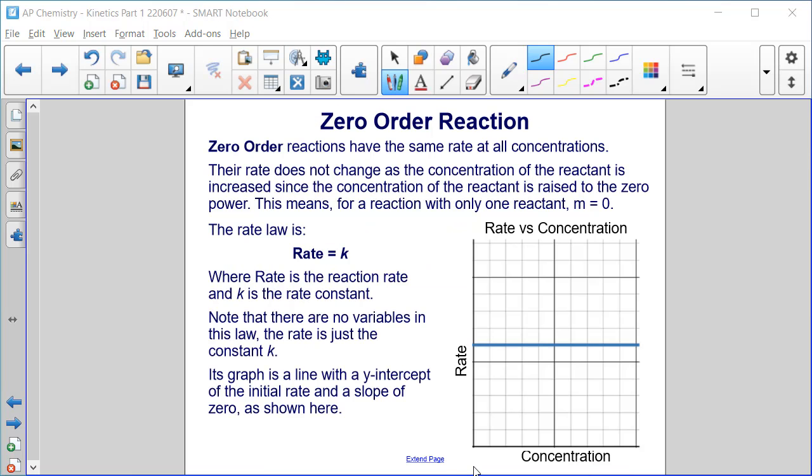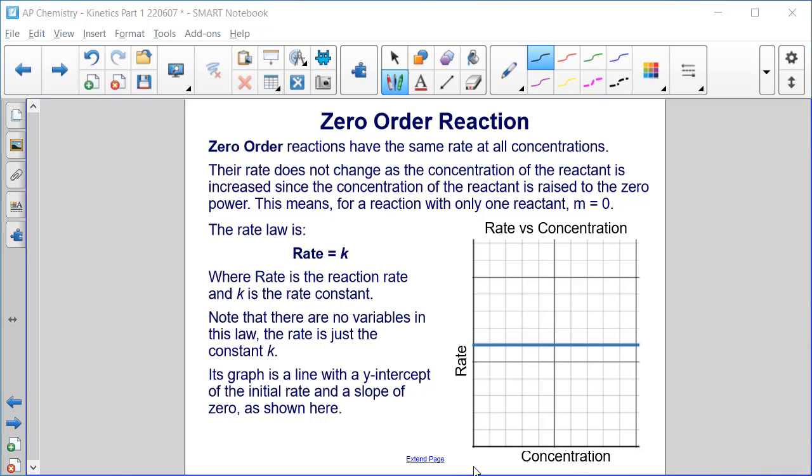Zero order reactions. If a reaction is zero order, that means it has the same rate at all concentrations of a given reactant. The rates of zero order reactions do not change as the concentration of the reactant is increased, since the concentration of the reactant is raised to the zero power. This means for a reaction with only one reactant, m equals 0.